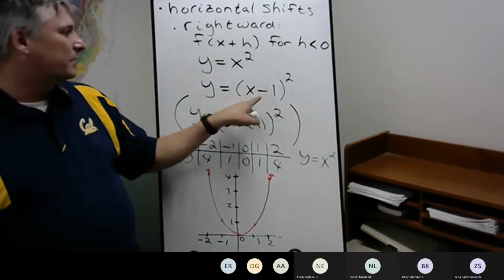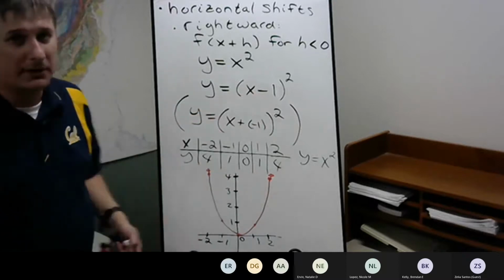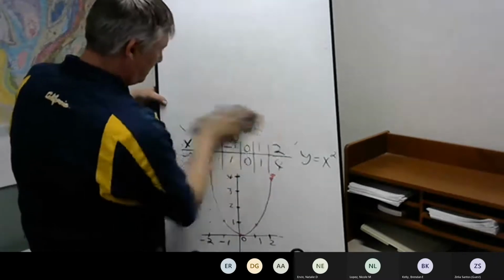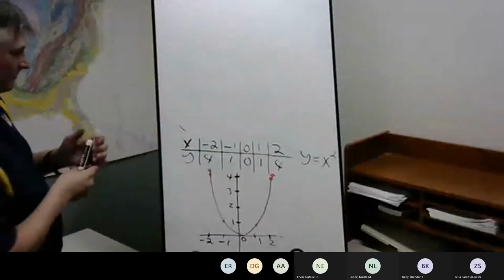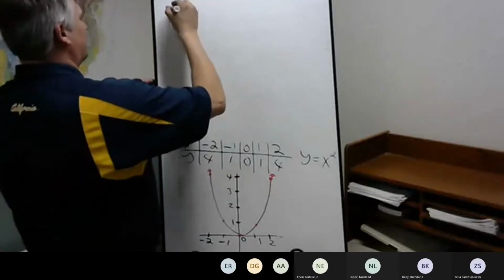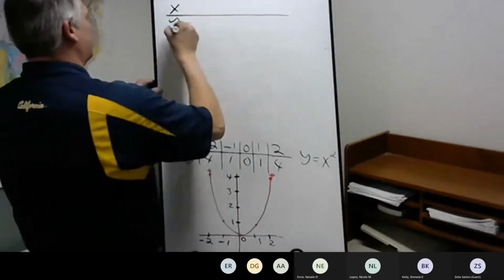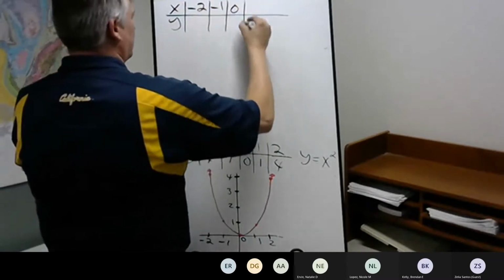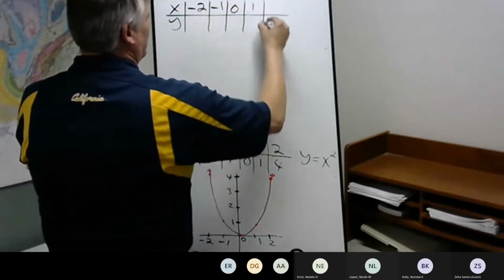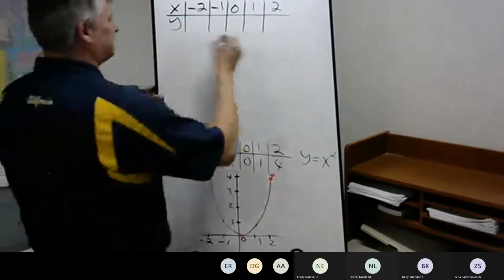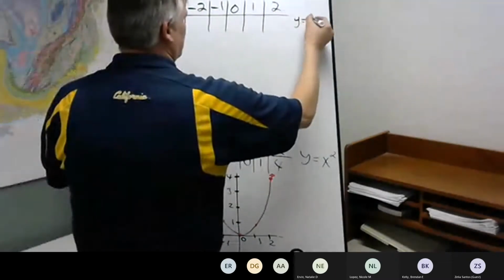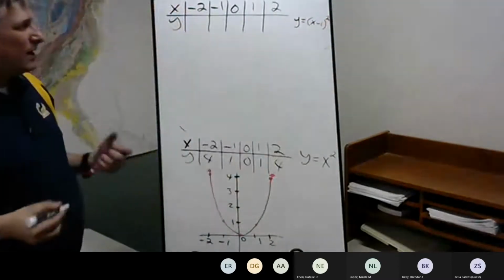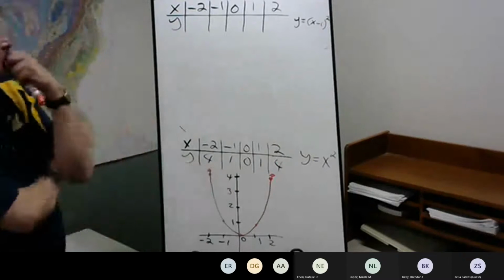Now let's consider this one. Y equals x minus 1 squared. So y is going to be x minus 1 squared.